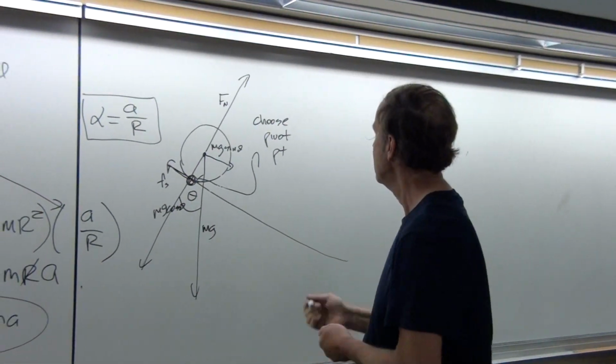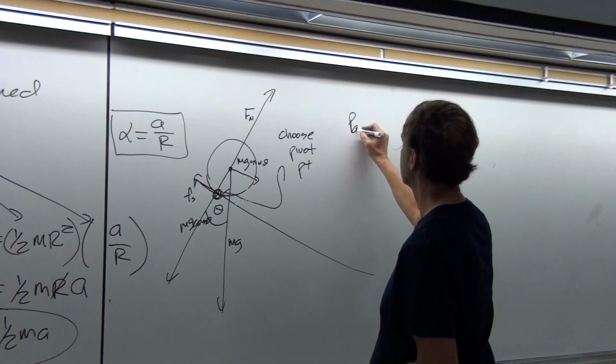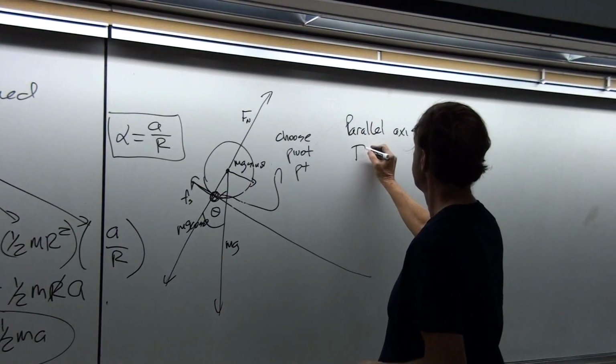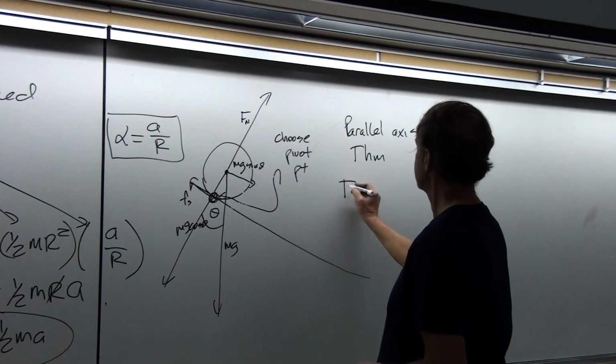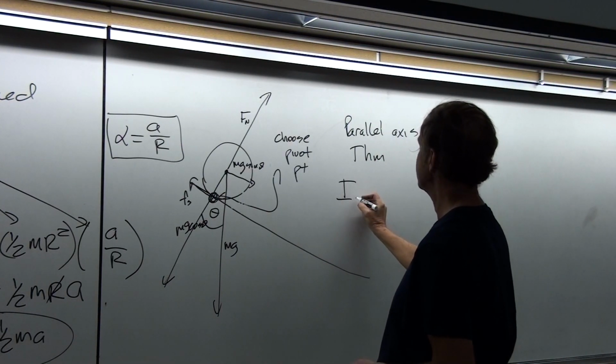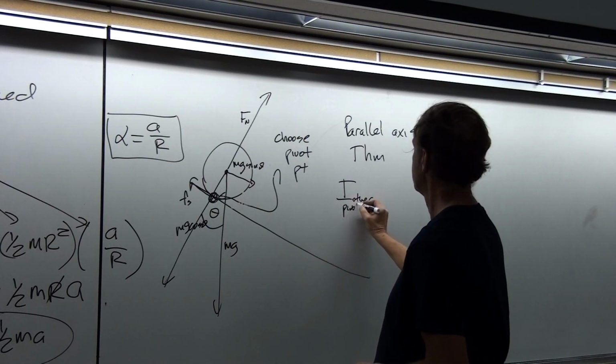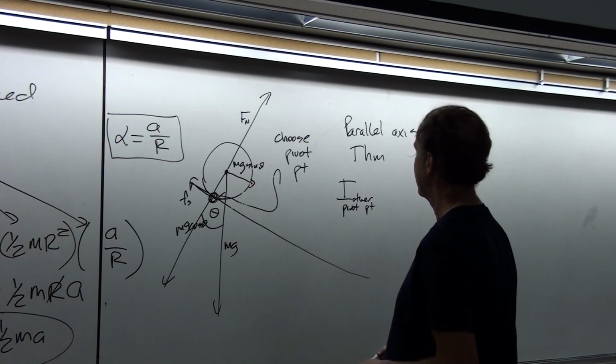Well, in general, we have what's called the parallel axis theorem. So this tells us that I, about some other pivot point, by other, what do I mean?